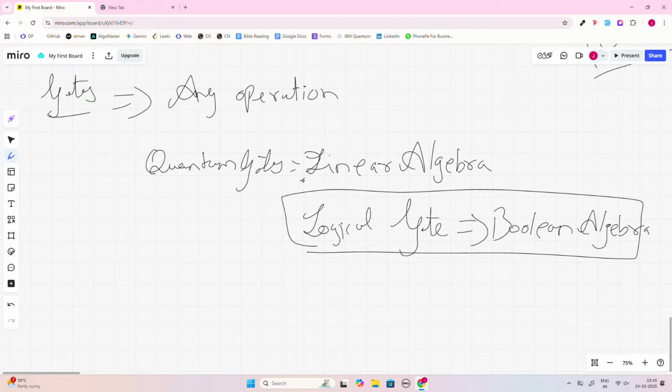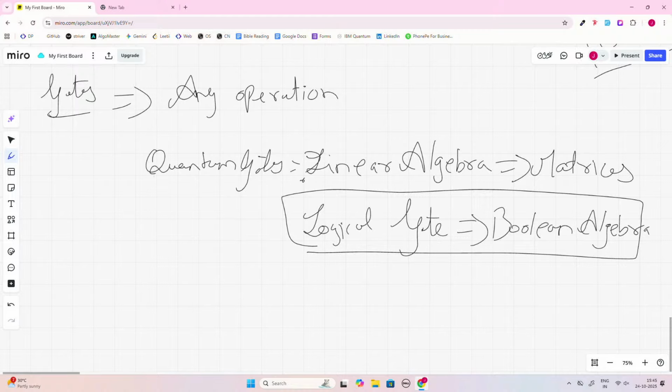Okay? So what comes under linear algebra? Matrix operations. It is completely based on matrices, only matrices. So if you have quantum gates, for example, three quantum gates, and I want to see the output, a simple matrix operation gives me the outputs of the quantum gates.